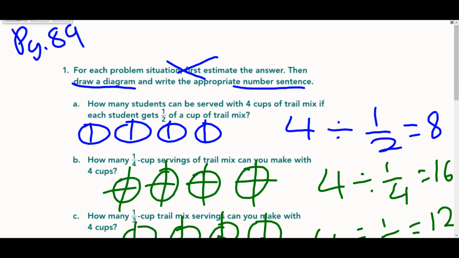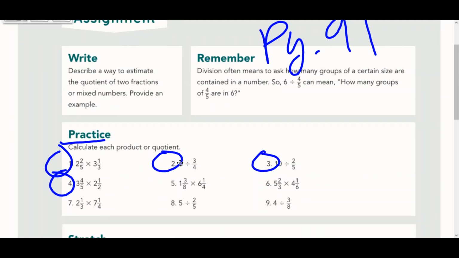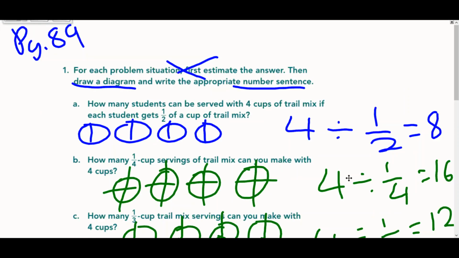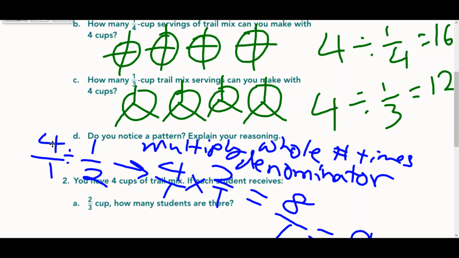And then on this one, we'll probably want to use that method that we just looked at over here, where we turn the first number into a fraction and we change division to multiplication and then turn this upside down. So the denominator becomes the numerator, the numerator becomes the denominator, and then we multiply.